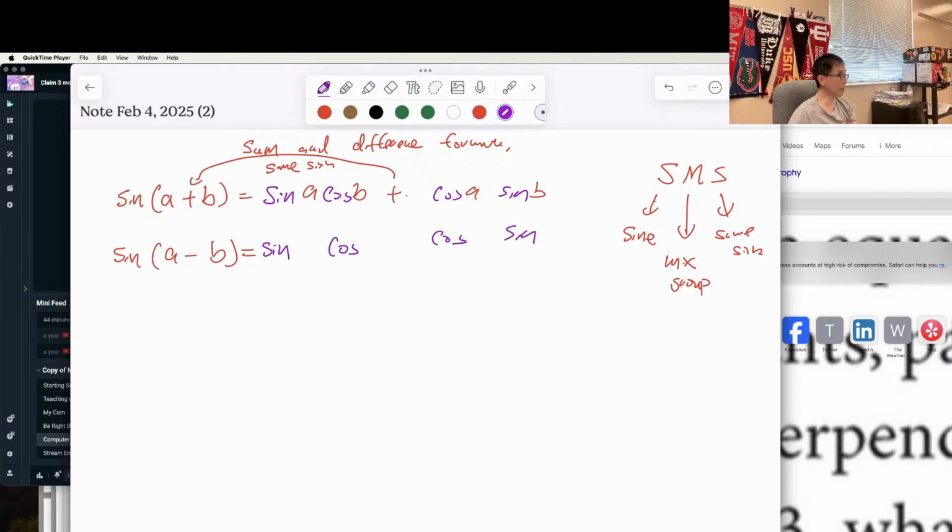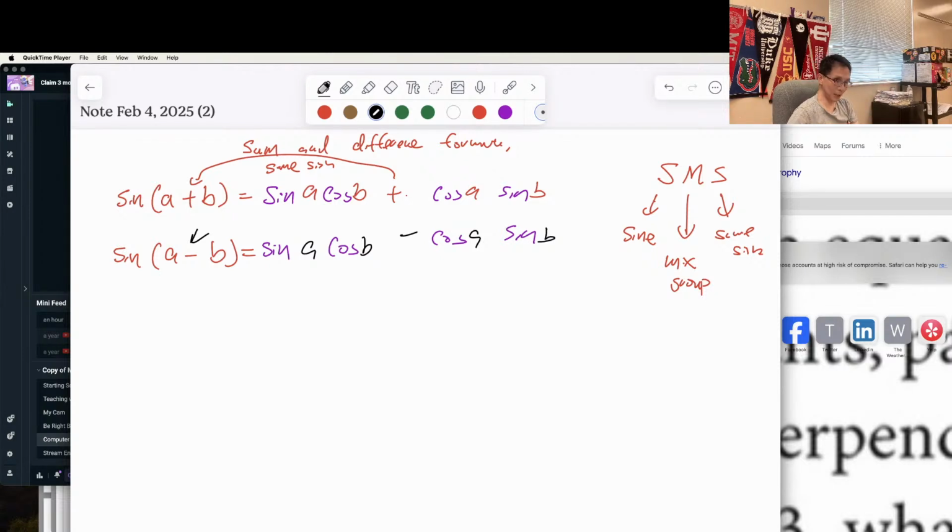I just fill in A, B, and this is a negative sign, so this must be negative. You follow me so far? Because you not only mix them together, sine and cosine, you also flip this way. So sine, cosine, cosine, sine. That's how you mix them completely.